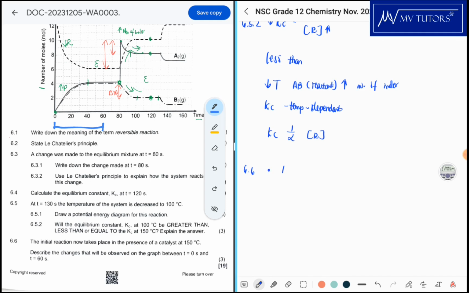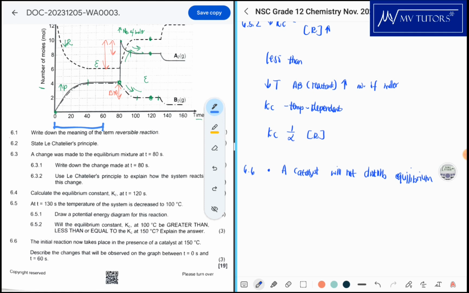So a catalyst will not disturb equilibrium. Okay, that's one thing. Ooh, my handwriting is a little bit off. All right, that's the first thing to note.